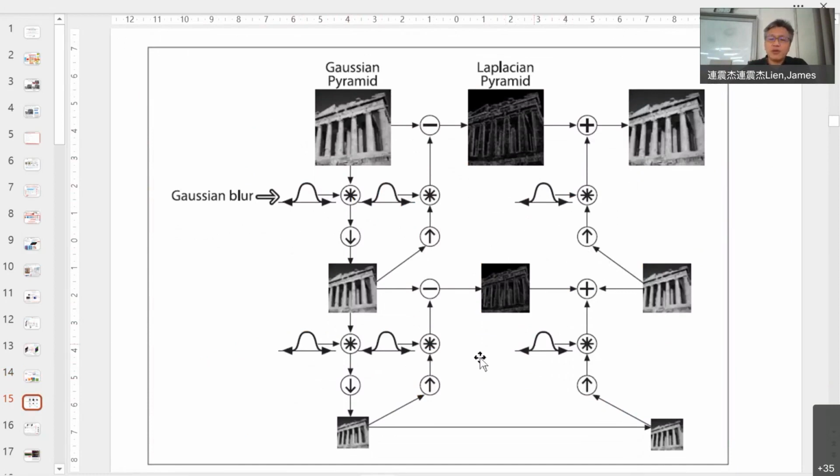This is for upsampling, and I would like to explain here. Suppose this is the original image, and we do Gaussian smoothing and downsampling, so it becomes half. We do Gaussian smoothing and downsampling again, becoming smaller. So here the size is divided by 2, here divided by 4.